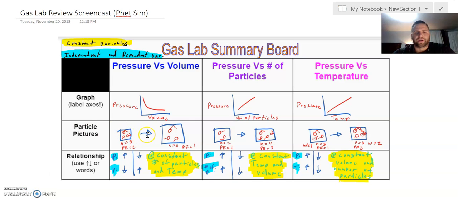This particle drawing mimics exactly what the PhET simulation just showed us. In order to show the volume increasing, notice that we've drawn a bigger box from start to finish. Notice that the two constants are the same ones that we just mentioned. The number of particles is held the same at 3, and the amount of whooshies per particle is 1, meaning that the temperature does not change from left to right.